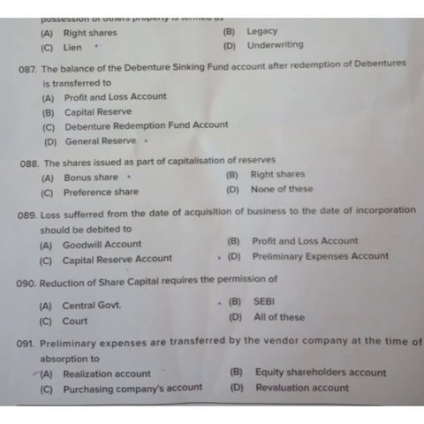Loss suffered from the date of acquisition of business to the date of incorporation should be debited to goodwill account. 90. Reduction of share capital requires the permission of all of these. 91. Preliminary expenses are transferred by the vendor company at the time of absorption to equity shareholders account.